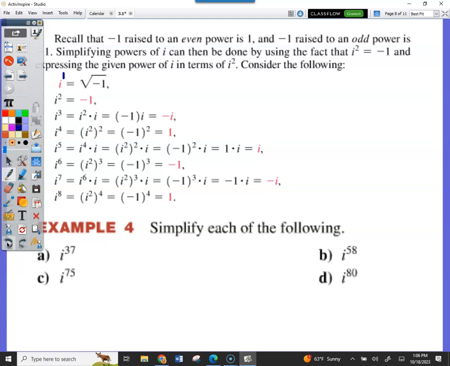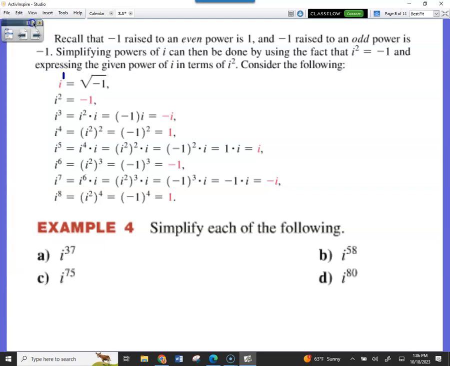If I cube that, I end up with -1. Do you see a pattern? Look at the red numbers. Well, that's not red, but -1, -i, 1, i. -1, -i, 1, i. Then there's a pattern. It's every 4, there's a pattern.